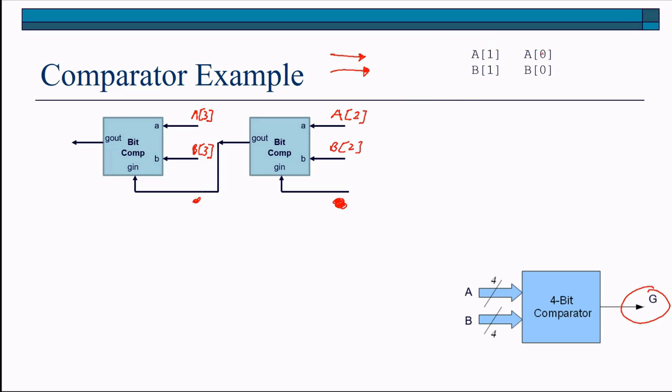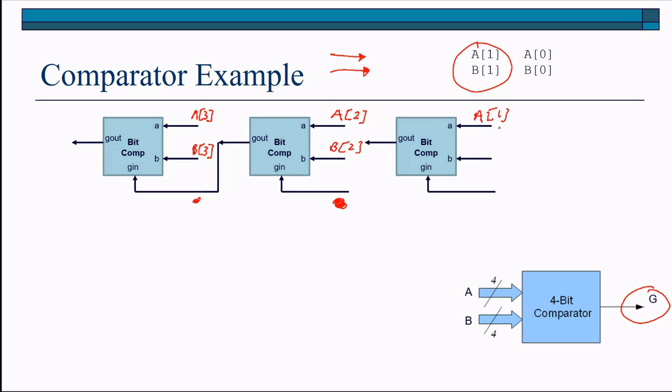Let's just take these two bits of A and B, and in a similar manner take the most significant bits and provide these as inputs to our third bit comparator. And the output we can now feed in to the next stage. And then to obtain this GN, we end up comparing just two single bits.